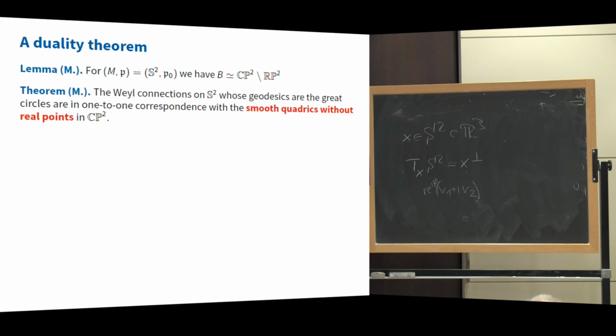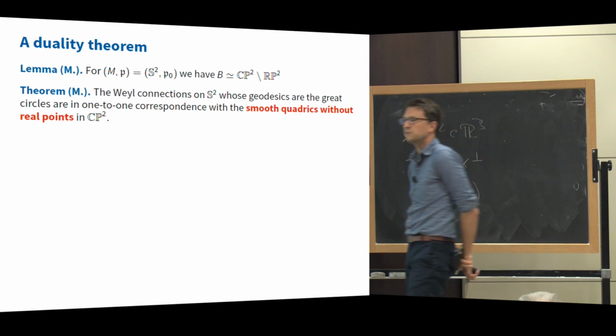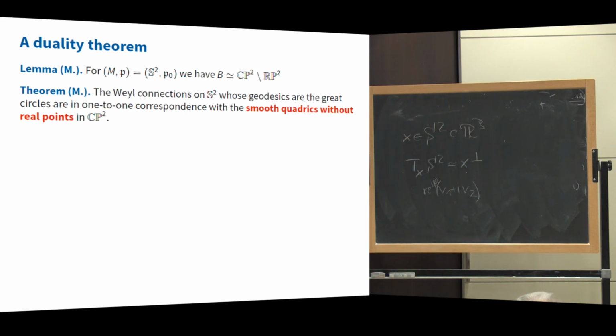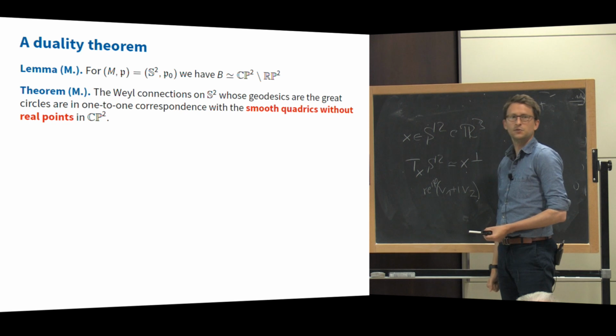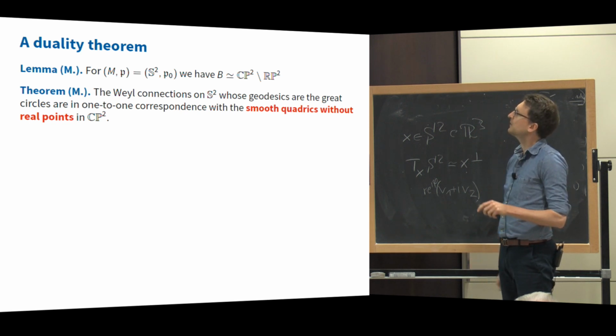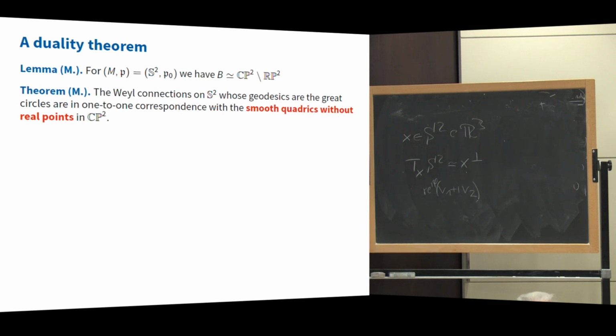Okay? So the Weil connections on S2 whose geodesics are the great circles correspond with the smooth quadrics without real points. So if you're familiar with Robert Bryant's amazing paper on projectively flat Finsler structures on the two-sphere of constant curvature, then you might say, well, I've seen these quadrics before, right?